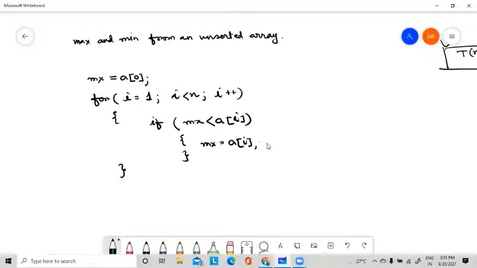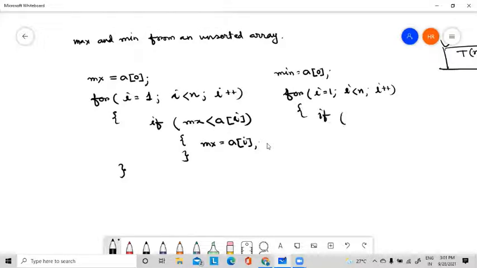Now suppose I want to calculate both max and min in this program. Then after this max calculation, what will I do? Again, I will choose the minimum as a of 0. Then for loop, i equal to 1, i less than n, i plus plus.